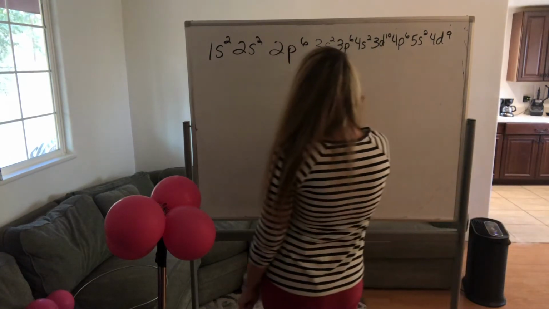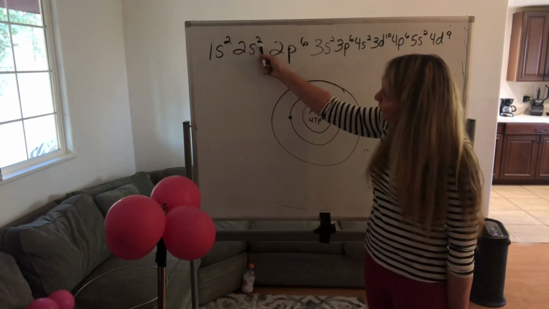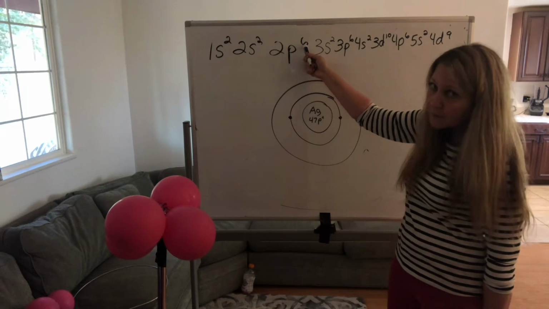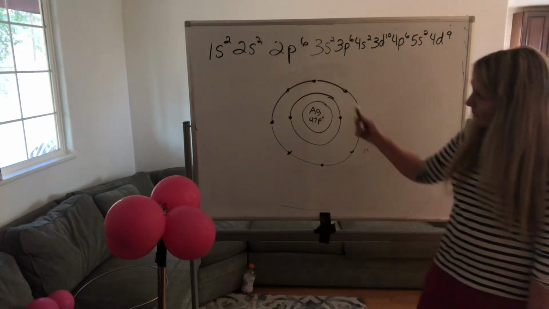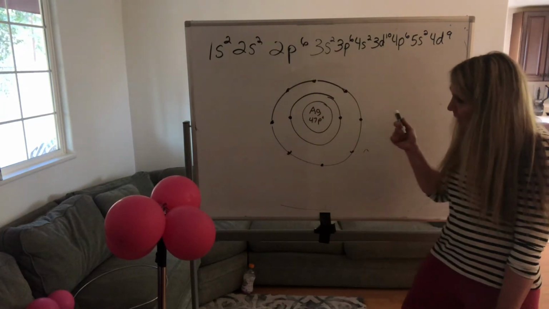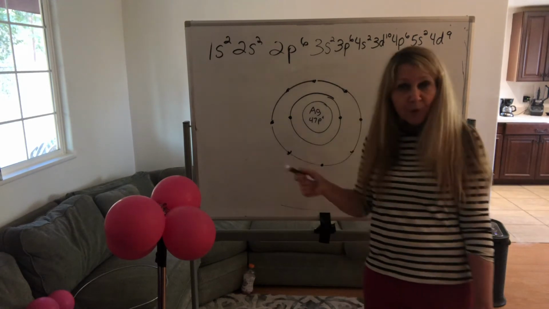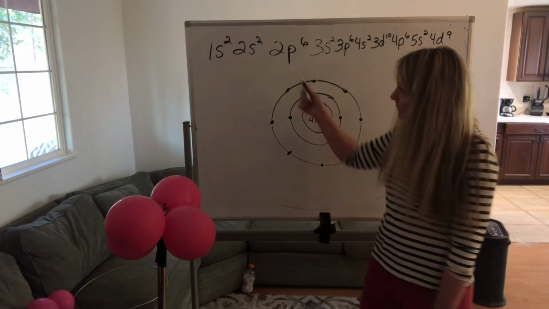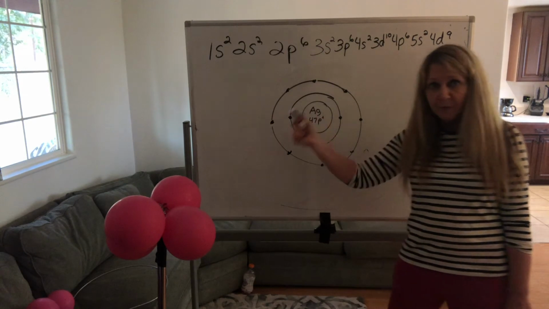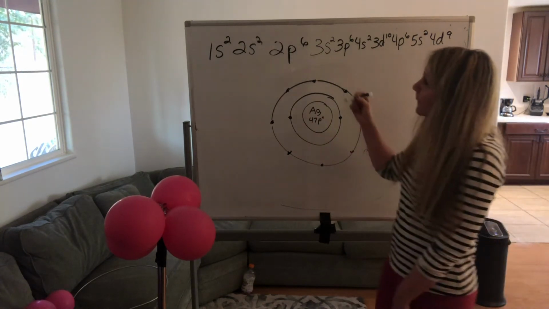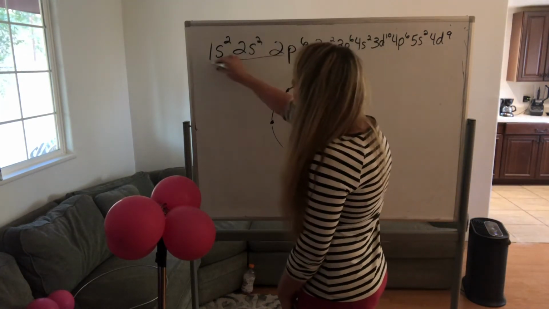Second energy level holds 2 plus 6, 8. When I draw the Bohr model of an atom, I'm not showing the sublevels. This is the way I did it the first time. I wasn't showing sublevels here. So we've done these two.